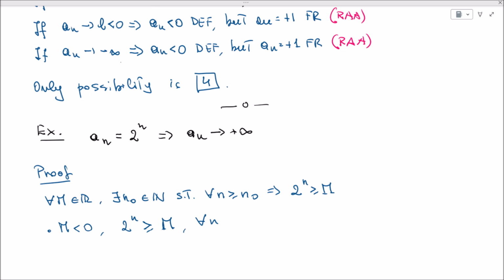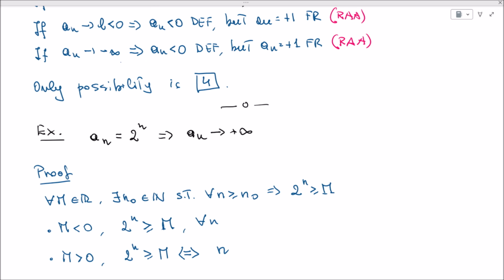Then we would like to prove that 2 to the n is larger than or equal to m. Okay, so we can just take the logarithm base 2 of both sides. So we get that n should be larger than or equal to the logarithm base 2 of m.